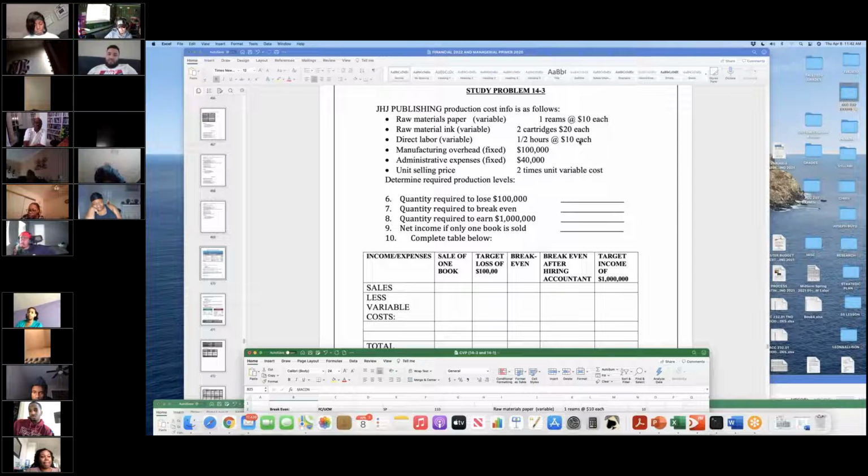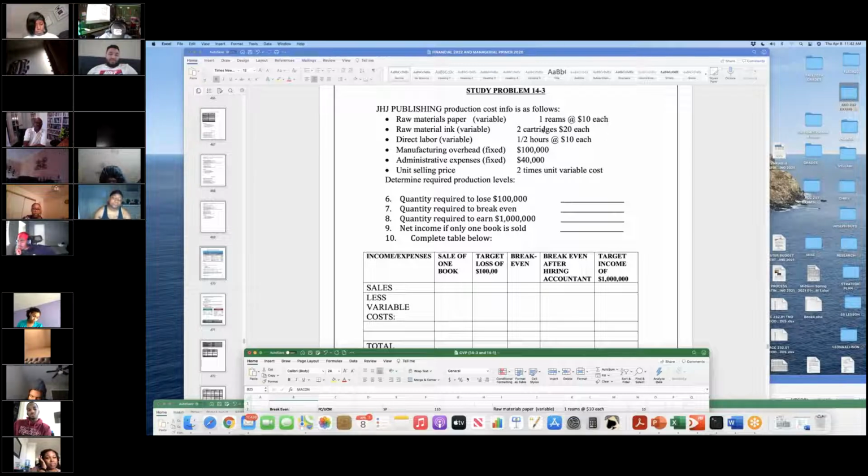And with the ink as well, you need 2 cartridges to make one product. That's what it said. Yeah, and is it $20 for 2 or $20 each? 2 cartridges, 20 each. So for 1, it would be 20.